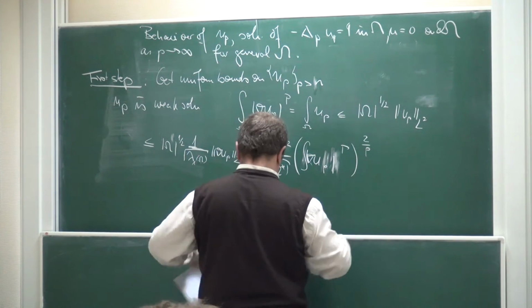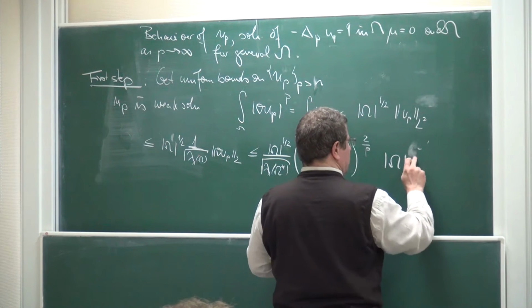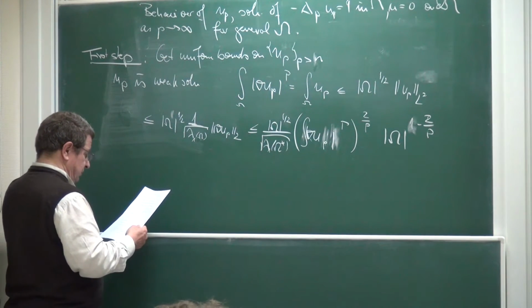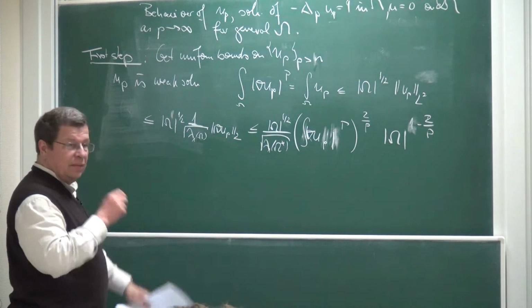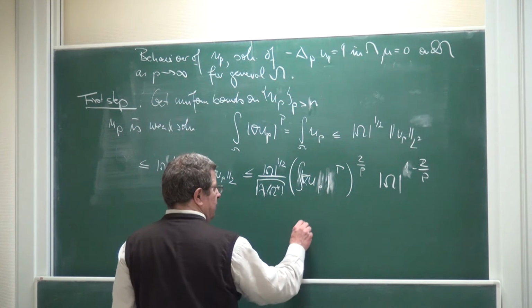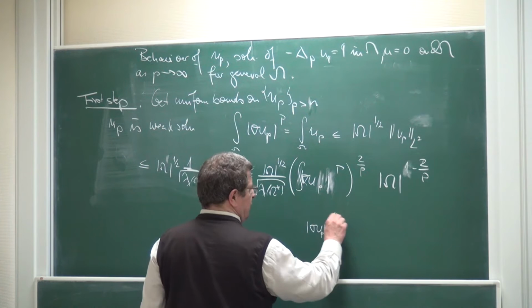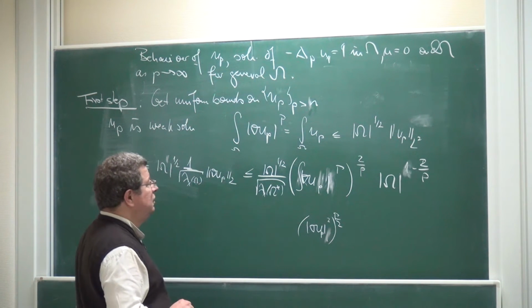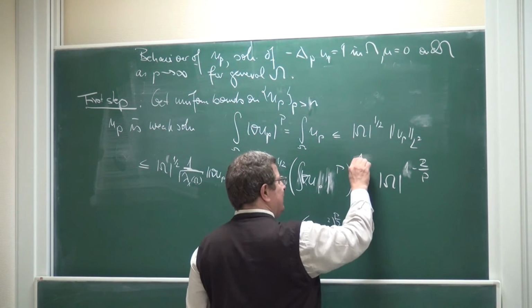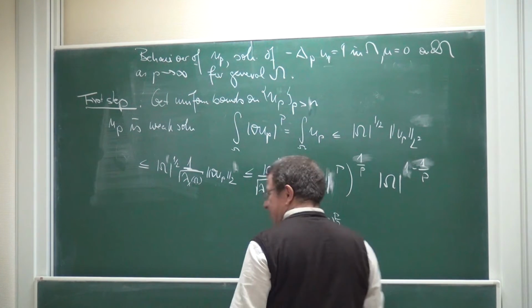So I get here a 2 over p, and then I get, if I did not miscalculate, the volume of omega to the power 1/2 minus 1/p.